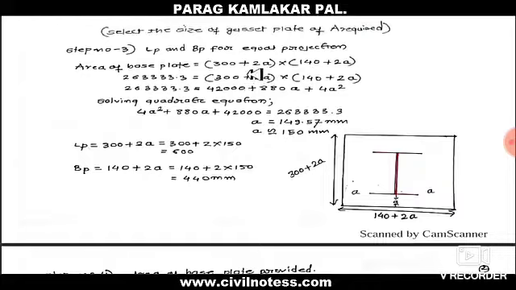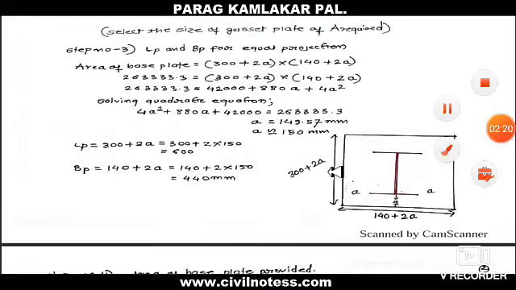Now I need to determine LP. LP means 300 plus 2A. We don't know what exactly that length is numerically. We know the value is 300 plus 2A, but to determine the numerical value we need to put the value of 150 in place of A to get the appropriate value.